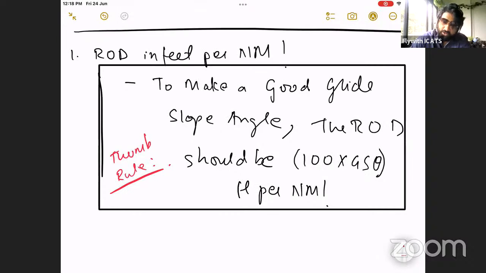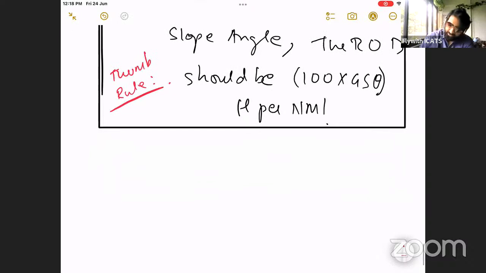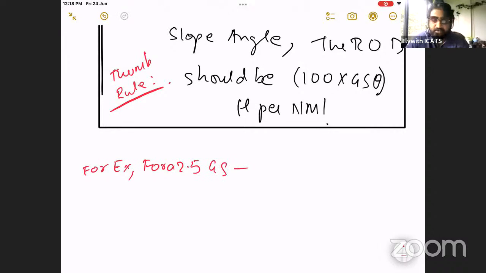If you have feet per nautical mile, then as per your ground speed, you can convert it into feet per minute also. So remember, this is a unique one-off thing, ROD in feet per minute we can find out as a thumb rule, theta glide slope into 100. For example, for a 2.5 degree glide slope, what will be the ROD in feet per nautical mile?